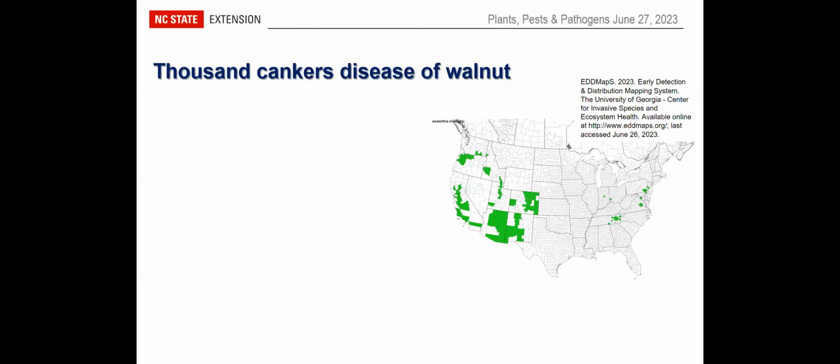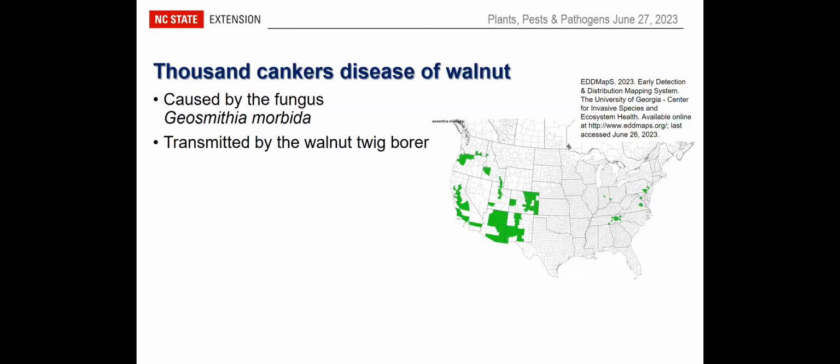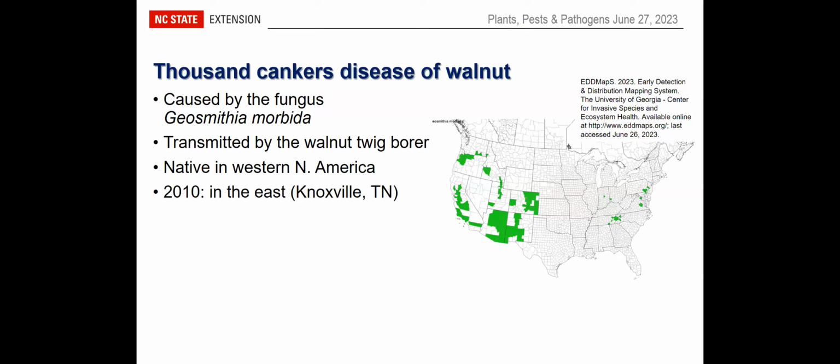Thousand cankers disease of walnut, really very quickly. It's also a fungus, also insect transmitted, but here it's curious because it's not invasive to the western part of the continent. It is native there, but somehow got into the east in the early part of this century.